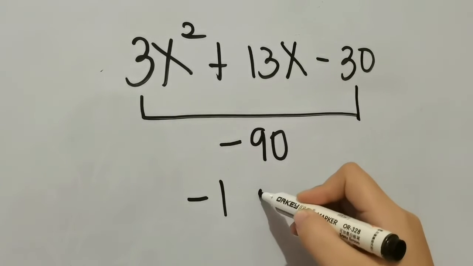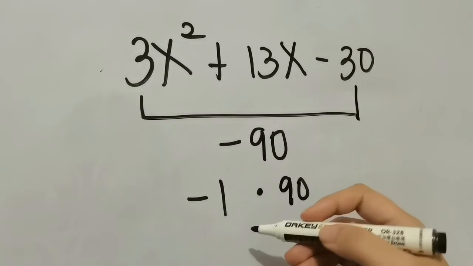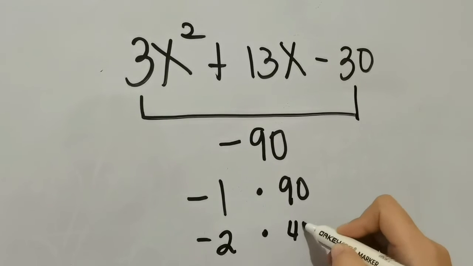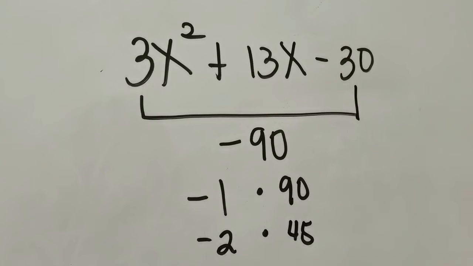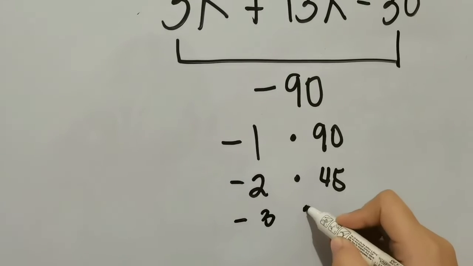Negative 1 and 90. Next, negative 2 times 45, that is equal also to negative 90. And then, negative 3 and 30.